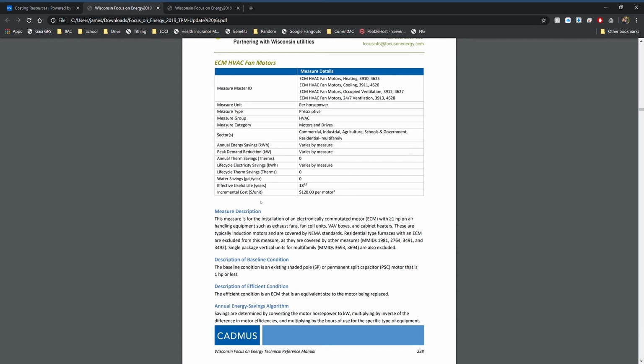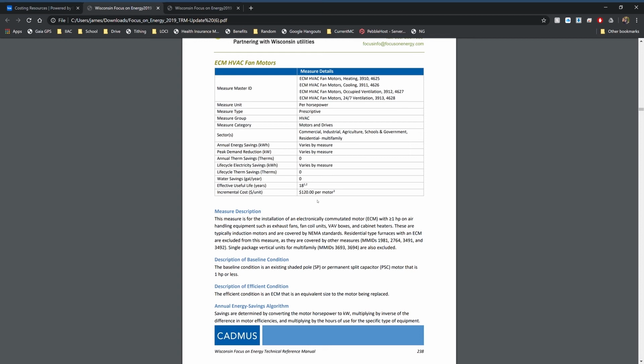So this incremental cost does not always include, or ever include, labor and installation. You need to do your own research and get your own quotes in order to have an accurate estimation of your costs. All this incremental cost is saying is that generally these motors cost about $120 a piece. So if you need 4 motors, then just multiply that number by 4, and that's what your motors should cost.